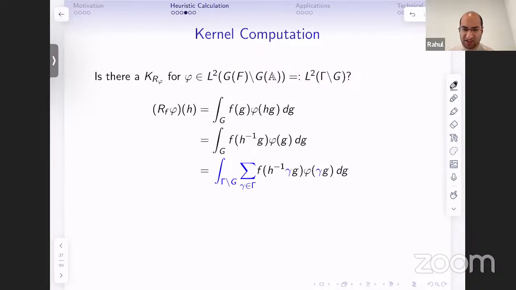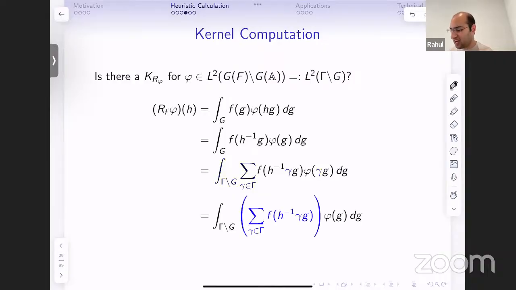And because phi is a function on G mod gamma, this blue factor of gamma inside the phi doesn't matter. So we can basically factor the phi out of the inner sum, and we get this final formula here. And basically what this tells us is that this is our kernel K_{R_f}. And so that's how we interpret this convolution operator as a kernel operator.